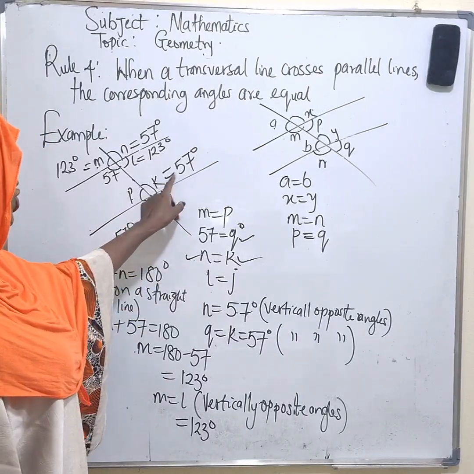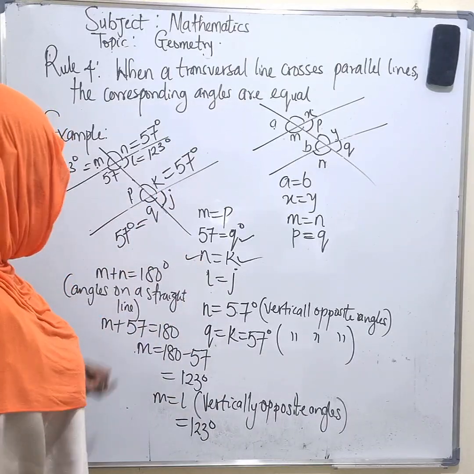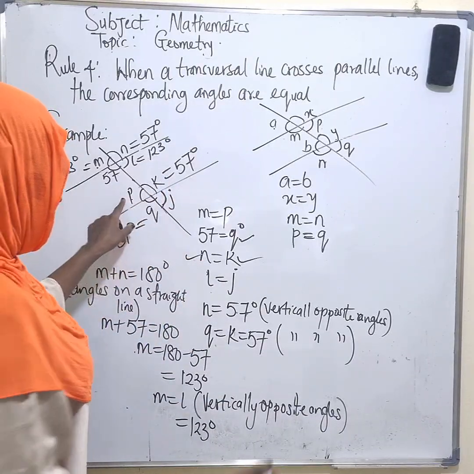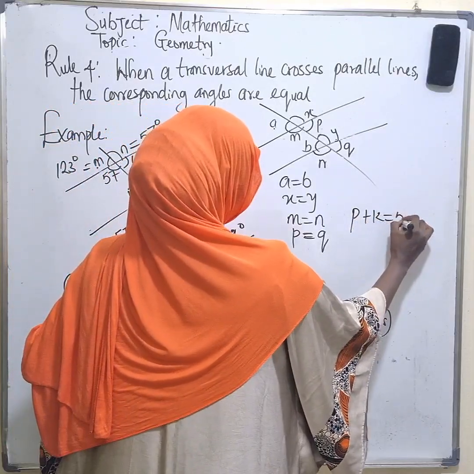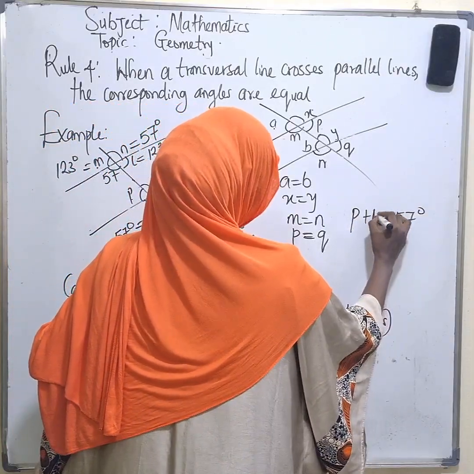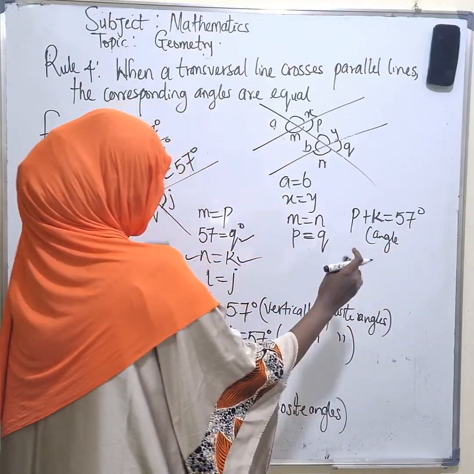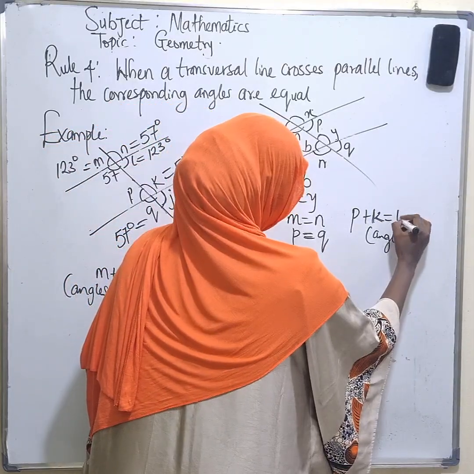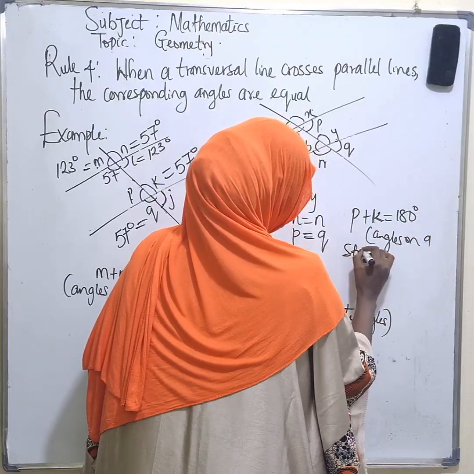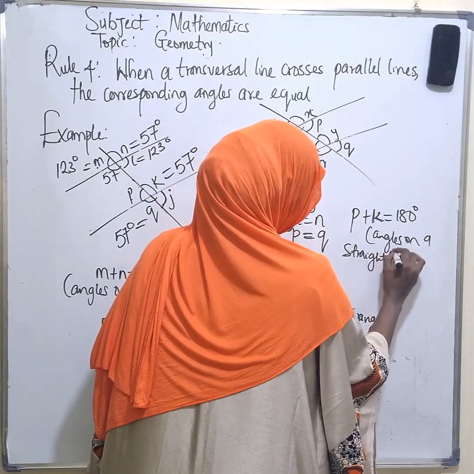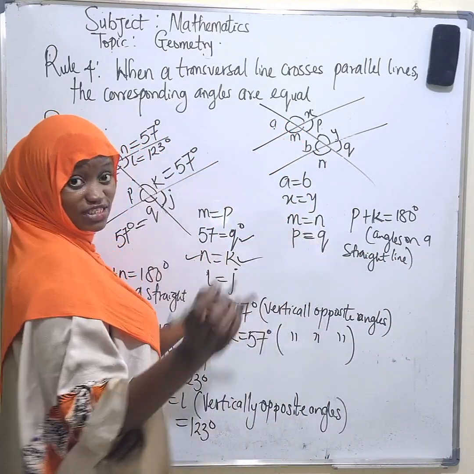Now, since we have K already, and P and K are on a straight line, we can also get the value for P. So this becomes P plus K is equal to 180, because they are angles on a straight line, right? So we have K to be 57 degrees.